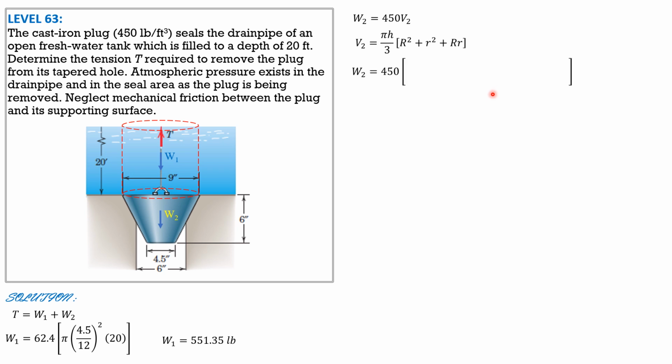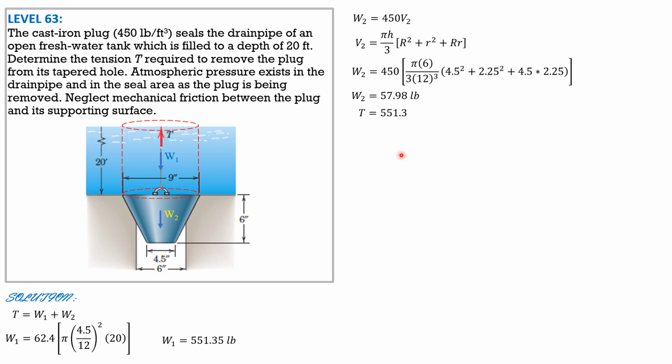So weight 2 equals 450, quantity pi times 6 over 3 times 12 cubed, quantity 4.5 squared plus 2.25 squared plus 4.5 times 2.25. So that's weight sub 2. Solving for weight 2, it is equal to 57.98 pounds.